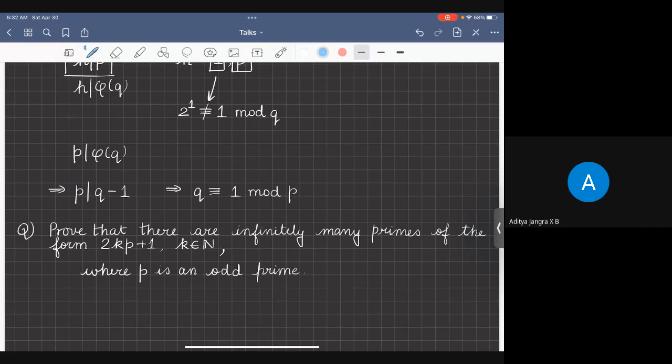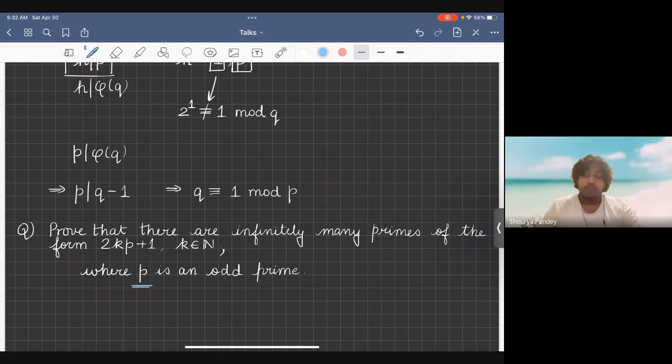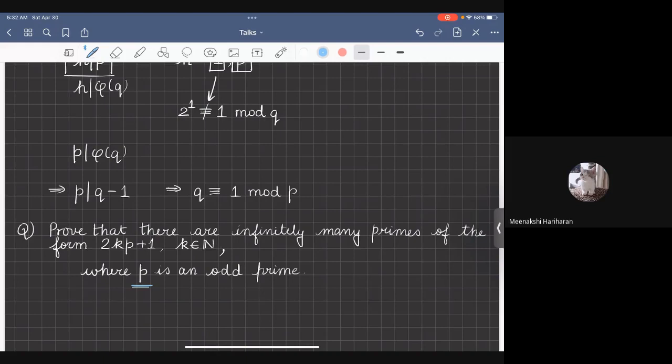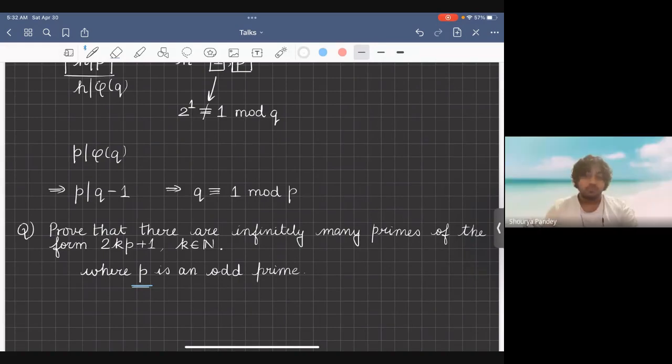So there are infinitely many primes of the form 2kp plus 1. Oh, this p is fixed. You can't change this p. So all 2n plus 1 are primes. For any prime p, you can make k anything. Oh wait, p is fixed. You can't change p.